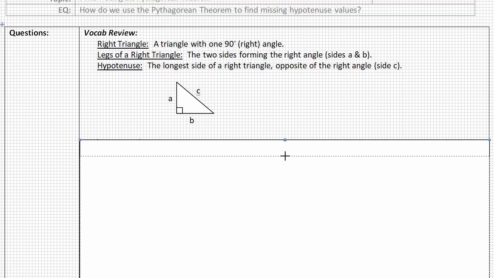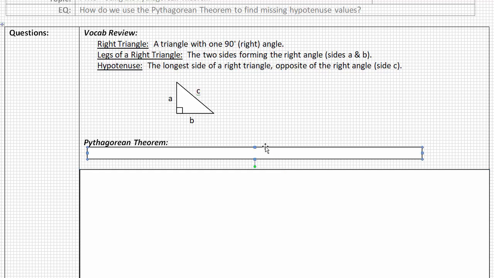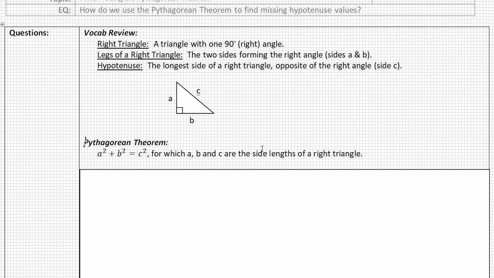So we've been talking about the Pythagorean theorem, and it's important that we know that the Pythagorean theorem is a squared plus b squared equals c squared. You might remember the activity where we built the squares off of each of the sides of a right triangle and found that the squares of the two shorter sides together equal the area of the square formed on the hypotenuse, side C. So that is what this statement is saying.